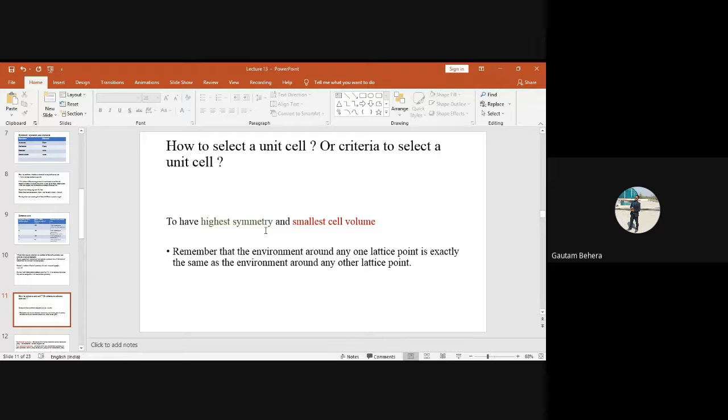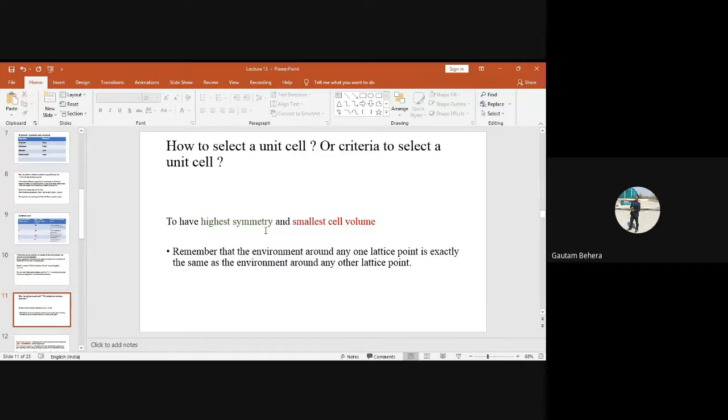Yes or no? Yes, sir. Right? So you cannot choose any kind of unit cell. If you choose any kind of unit cell, then you will face a problem. You cannot produce the entire crystal lattice. So wisely you have to choose a particular unit cell out of infinite unit cells, right?